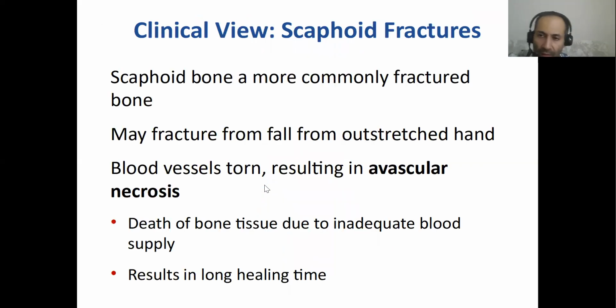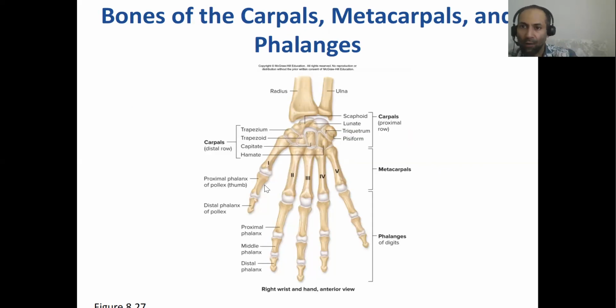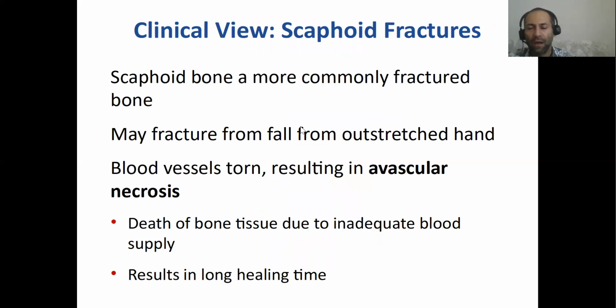Something else that becomes clear in the picture: scaphoid fractures. These usually happen when you fall on an outstretched hand, like bicycling, and you lose your balance and you fall on an outstretched hand. Here's your scaphoid, just to give you a visual idea of where it is. And the thing with scaphoid fractures is they're hard to detect. They don't really show up all that well on x-rays, okay?